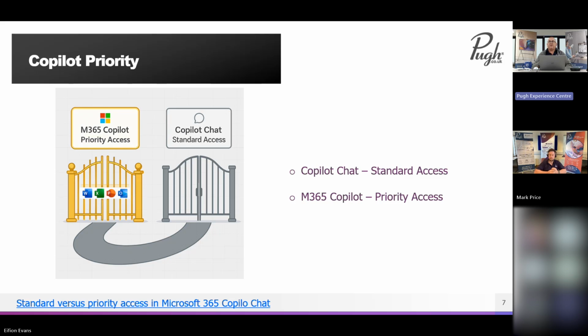What this means is during periods of heavy usage, the paid version gets access to compute resources in the data center preferentially over Copilot chat.